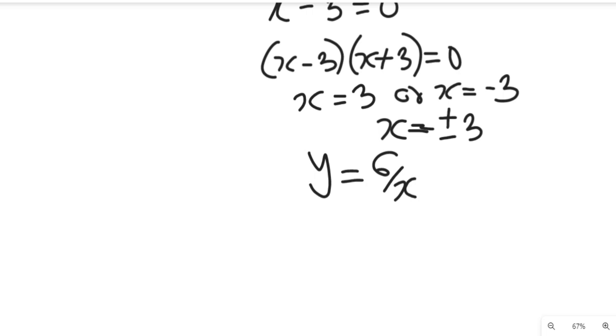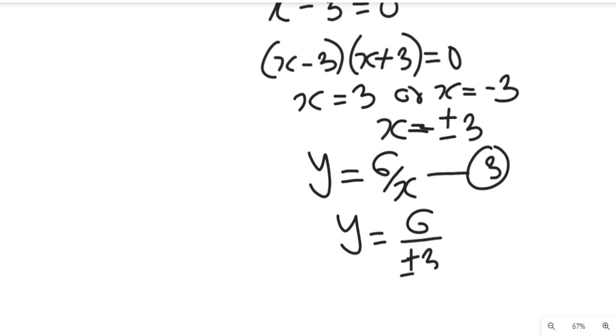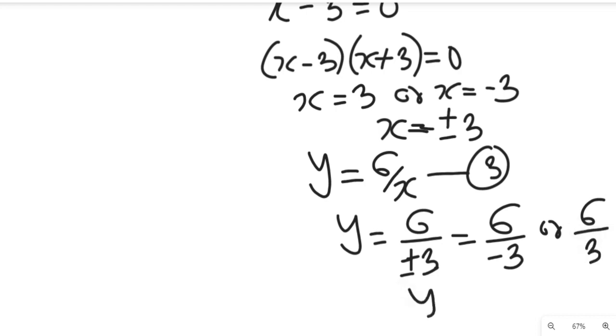If we put our value of x into this equation, we're going to have y equal to 6 divided by plus or minus 3, and this will give us 6 divided by 3, or 6 divided by minus 3. These two values will have y equal to plus or minus 2.